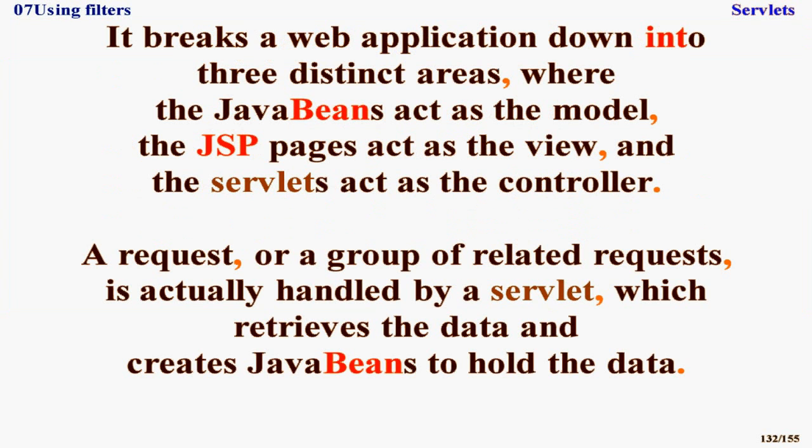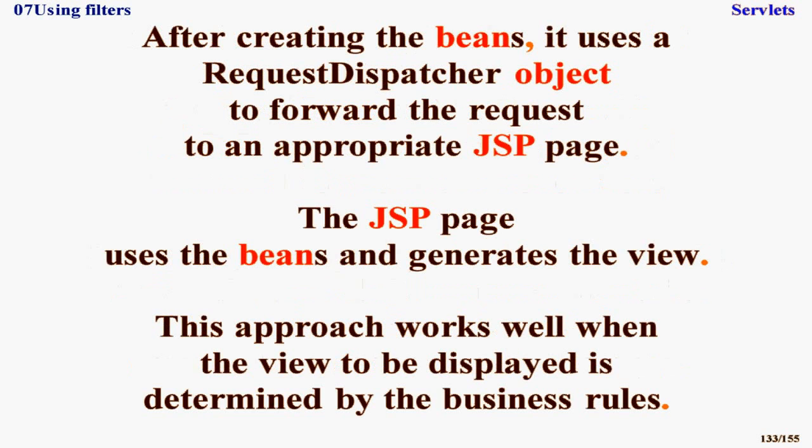A request, or a group of related requests, is actually handled by a servlet, which retrieves the data and creates Java beans to hold the data. After creating the beans, it uses a request dispatcher object to forward the request to an appropriate JSP page. The JSP page uses the beans and generates the view.